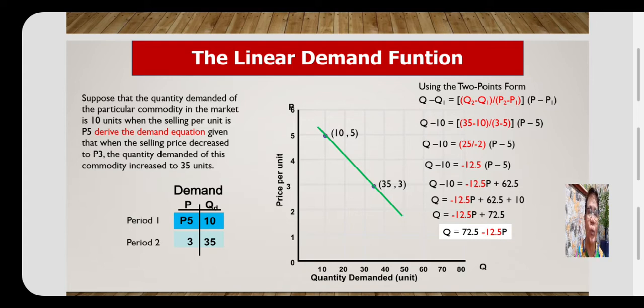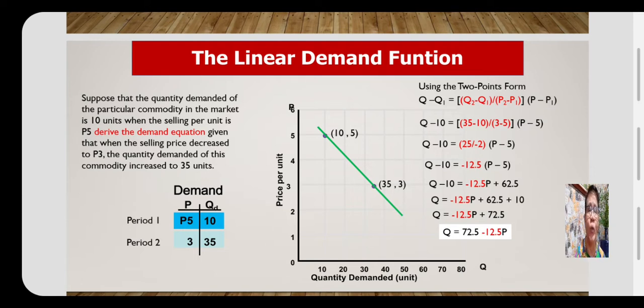And so the straight line has a corresponding linear equation. And so this is what we want to determine: the equation of the straight line formed by the given 2 points along the Cartesian plane.